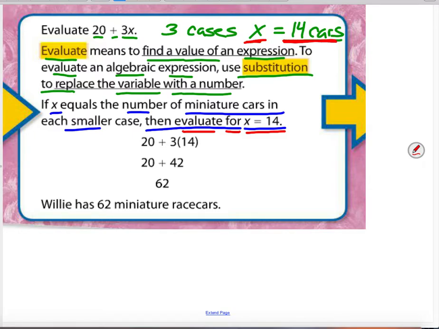So in this case, you can see we have 20 from the larger case, and then 3 times 14 for the smaller cases, which gives us 42. So then we say, now we have our 20 in our large case, our 3 smaller cases equal 42, 20 plus 42 equals 62. So Willie has 62 miniature race cars.